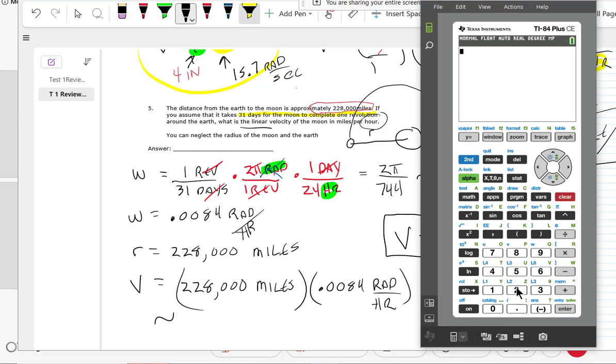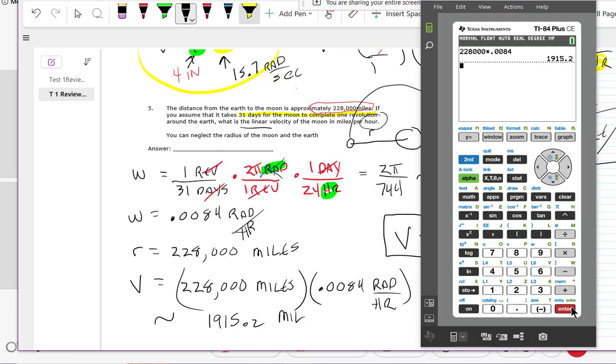Right. So do this. We have 228,000. I got two zeros in there, and then times 0.0084, and that will give me that the moon is going about 1915.2 miles per hour. Again, don't let the radian bother you. Radian is not a unit; it's a placeholder.